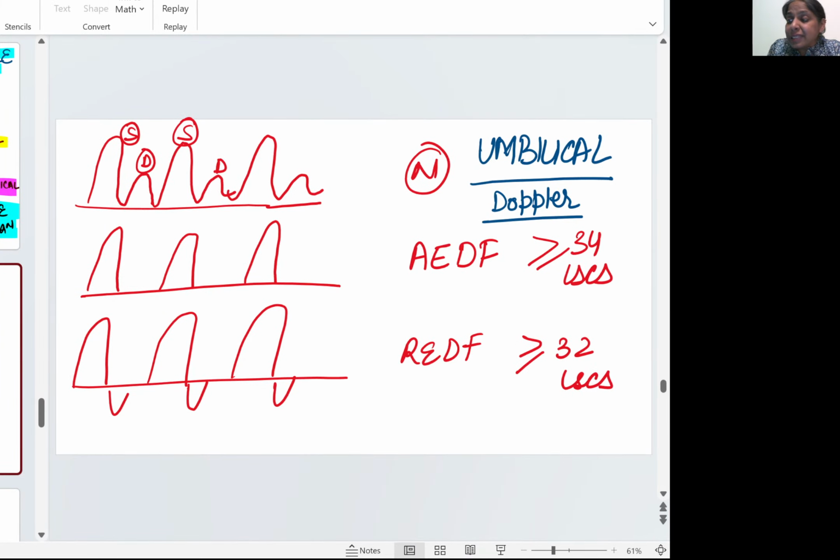Now let us discuss umbilical Doppler. Umbilical Doppler is done to see fetal IUGR, fetal intrauterine growth restriction. During the systole, as the heart is contracting, the wave goes up. But during the diastole, the wave is lower because it is due to the recoil velocity.